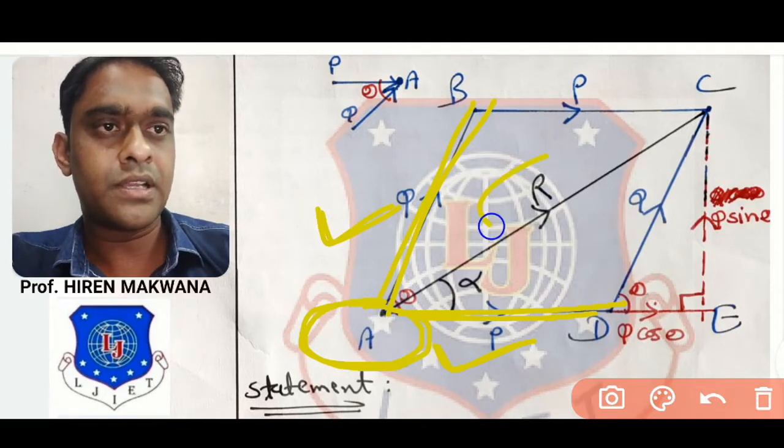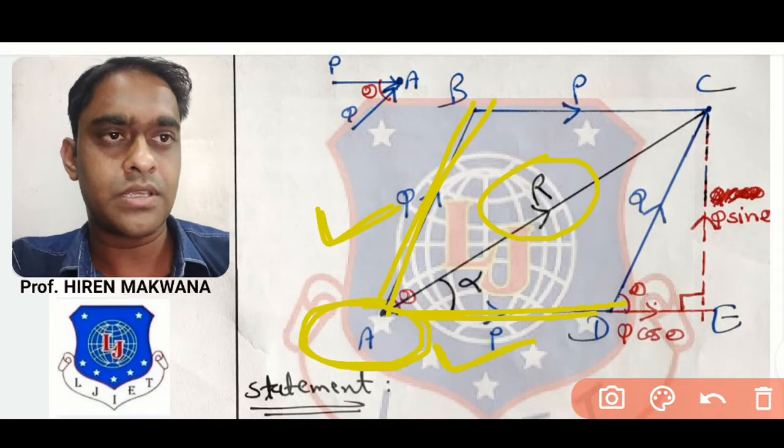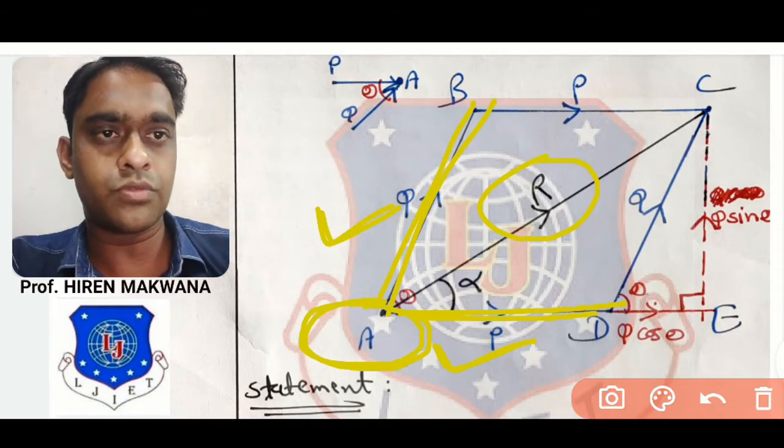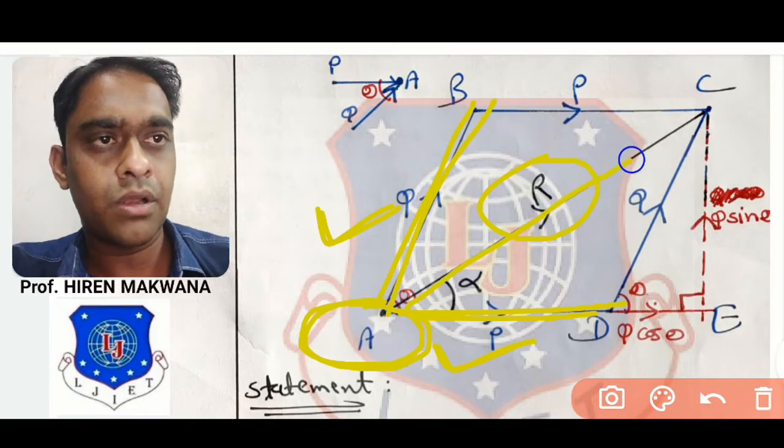Then the resultant of these two forces will be represented by the diagonal of the parallelogram.